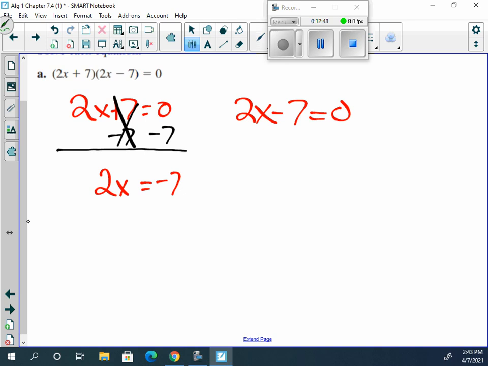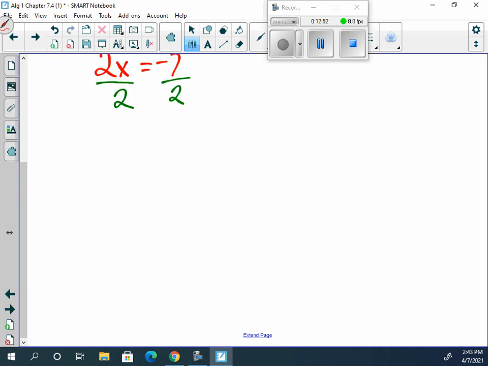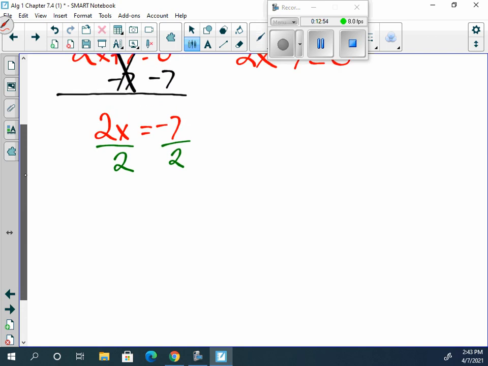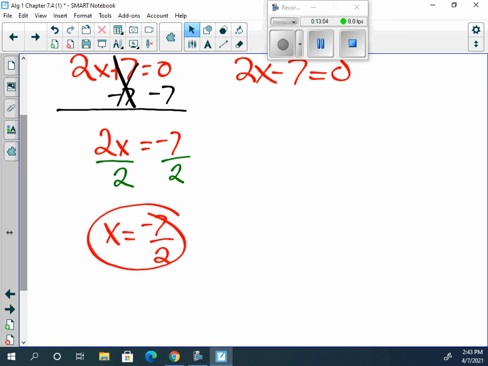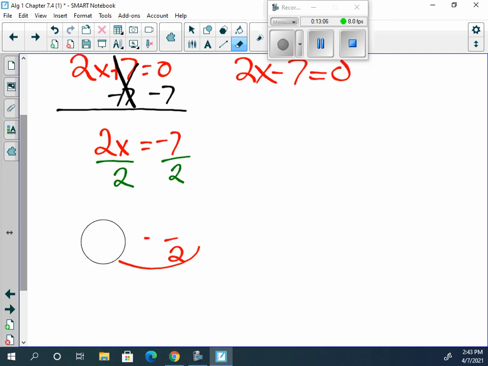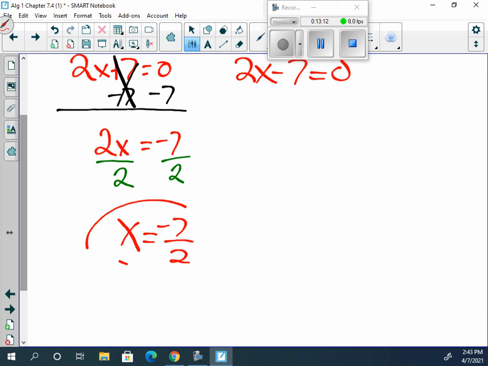We would divide both sides by 2. And once we divide both sides by 2, we'll get x is equal to negative 7 halves. Well, try rewriting that so I don't put the circle through the middle of the answer. So we get x is equal to negative 7 halves.